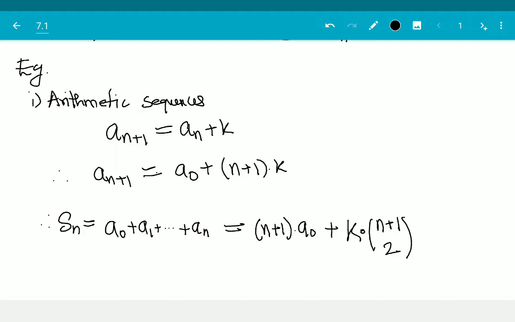The other really common sequence that we care about is the geometric sequence. Okay, what is the geometric sequence? Well, if in an arithmetic sequence everything was increasing by a constant number, in a geometric sequence everything increases by a constant ratio.